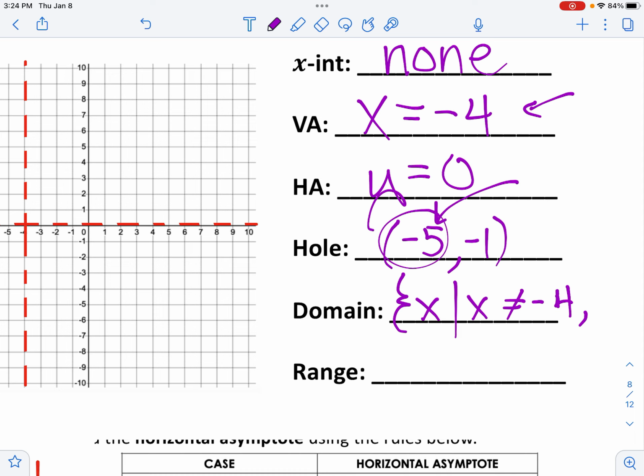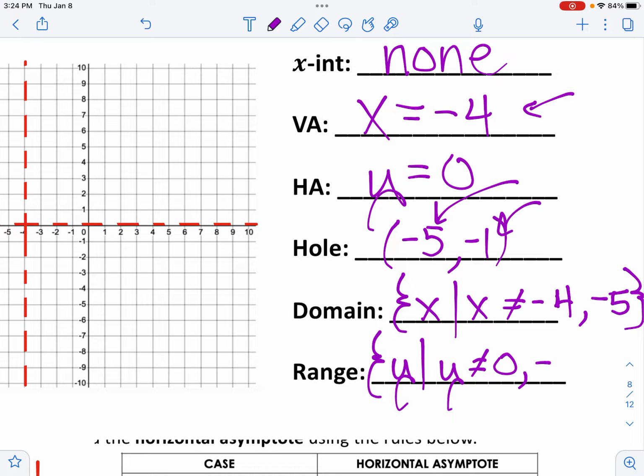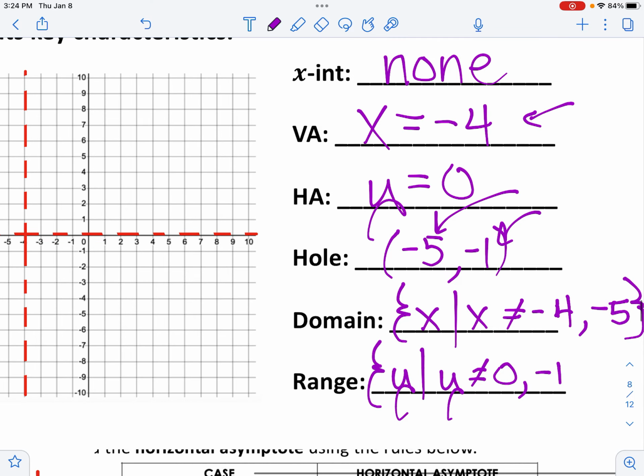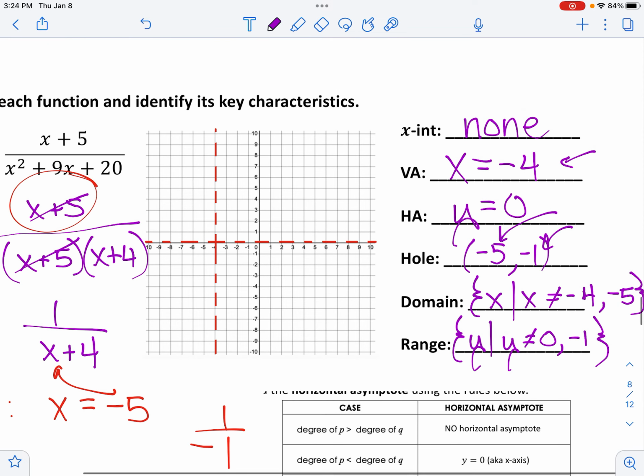Right here. So that also is the case. So those are two spots that I can't have. And then my range would be y such that y cannot equal 0, and also this one, -1. Both. So just be careful of some of those things. Don't forget about the hole part when you're writing your domain.